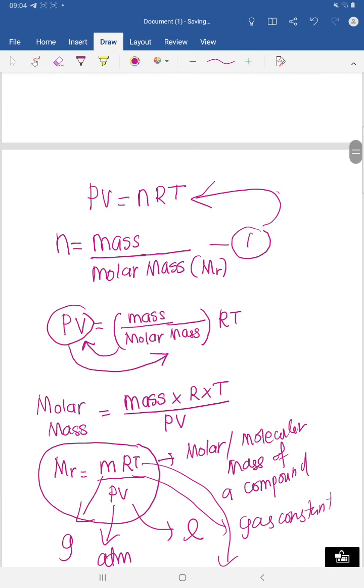The unit for this gas constant should be liter atm per mole per Kelvin. So check for the right value of your gas constant. Okay, enough for today.